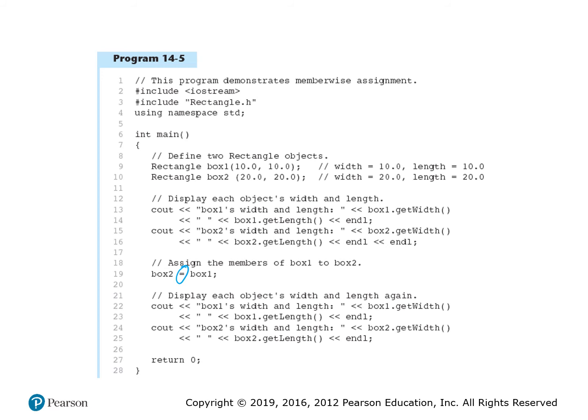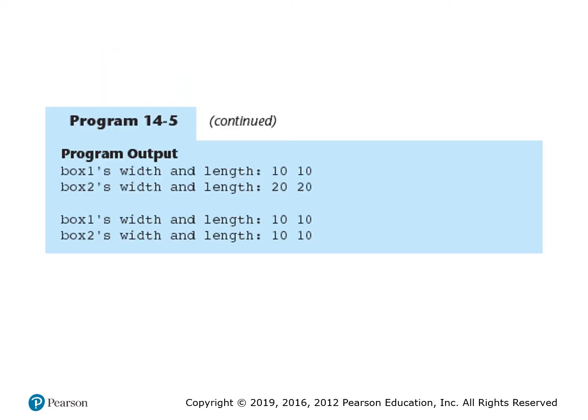Okay, so if we look at this, before we do the assignment, we have a 10 by 10 box and a 20 by 20 box. Then in our program, we write box 2 equals box 1, and just as we expect from that statement, box 1 is still a 10 by 10, but box 2 is now a 10 by 10 box as well.